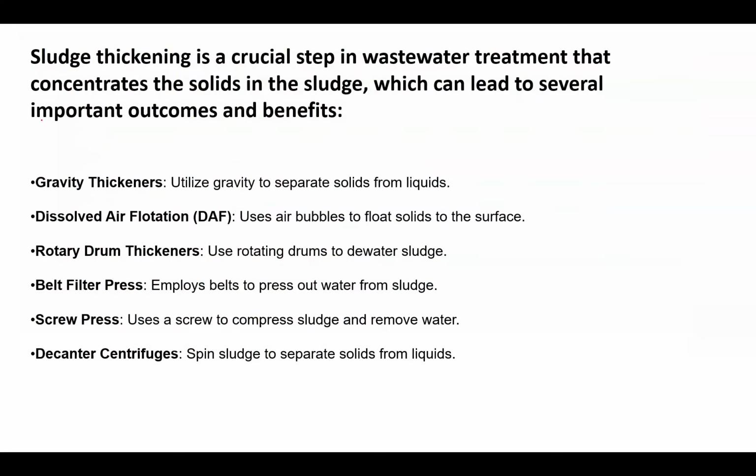Sludge thickening is a step in wastewater treatment that concentrates the solids in the sludge. There are different advantages and benefits. We are reducing the cost and also the energy consumption. If we have a higher volume of sludge, we need higher energy to treat it. If we have a lower volume, it is easy to handle, so the energy consumption is also less.